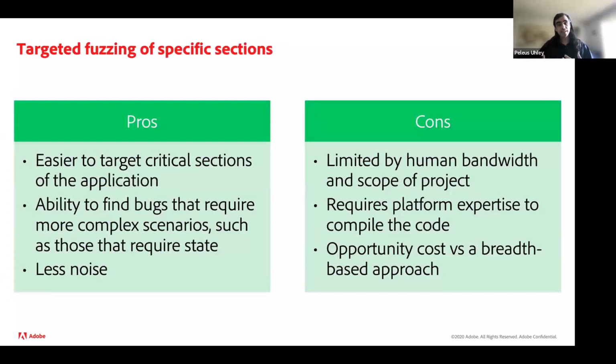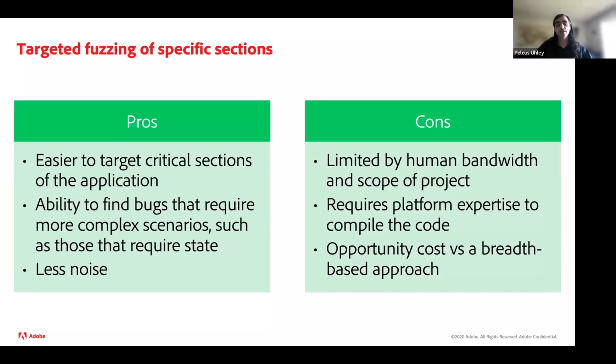And then the alternative to that would be targeted fuzzing. That's where you go after critical sections of the application. You're not fuzzing the entire file, you're just fuzzing a subset of the functionality in that file. Targeted fuzzing has some pros in that you can handle more complex scenarios. If I'm just flipping random bits, I may never trigger a bug that requires multiple bits to be flipped in a specific way at a specific time.